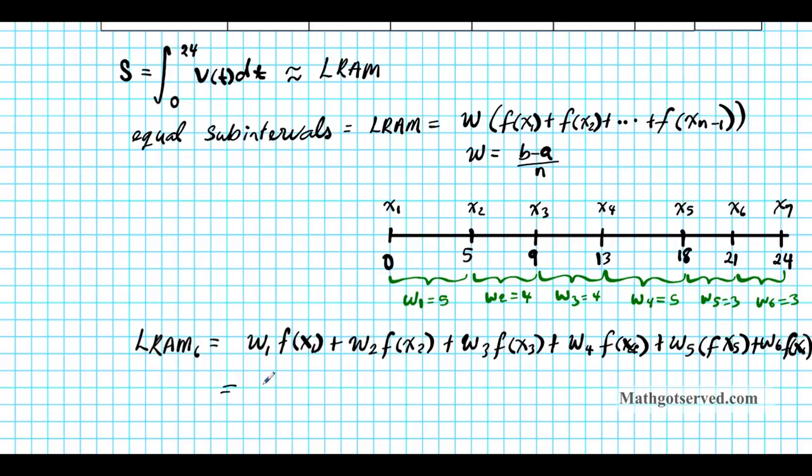W1 is 5 times f of 0, plus W2 is 4 times f of 5, plus W3, 4 times f of 9, plus W4, 5 times f of x4, which is 13, plus W5, which is 3 times f of 18, plus W6, which is 3 times f of 21.